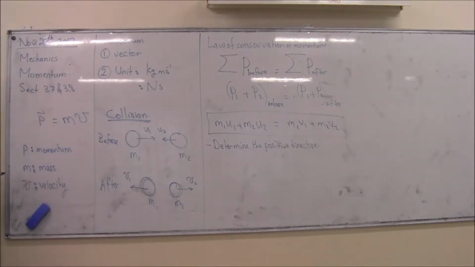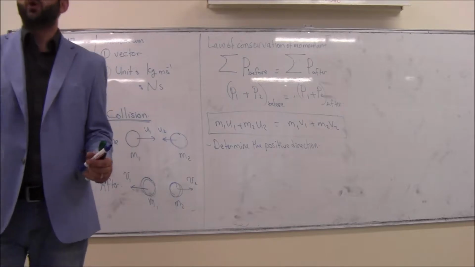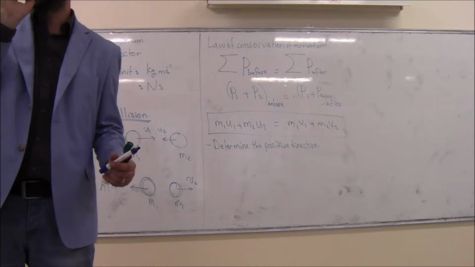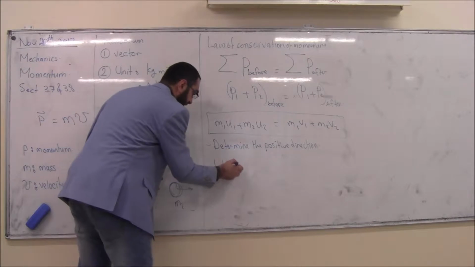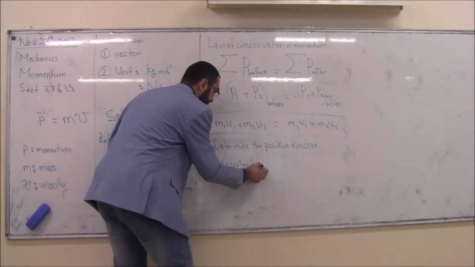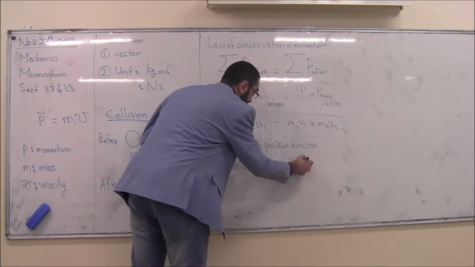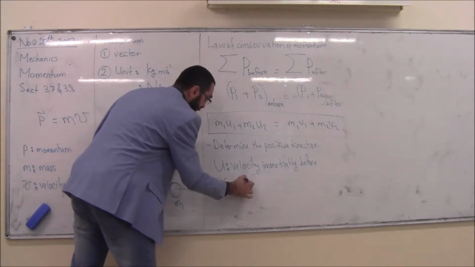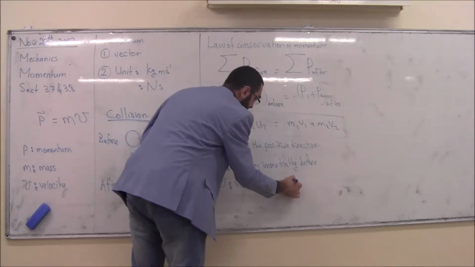The second point: U1 and U2 are the velocities immediately before the collision, while V is used for the velocity immediately after the collision or after any process.